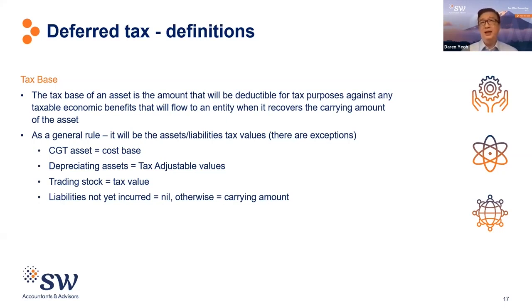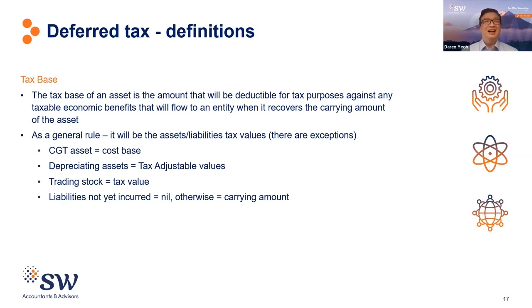The same applies with buildings. If you have a building and you are depreciating that building for accounting purposes, there is a rebuttable presumption that the asset will be held for use. That means the tax base will equal the future Division 43 deductions that you're going to get from that building.